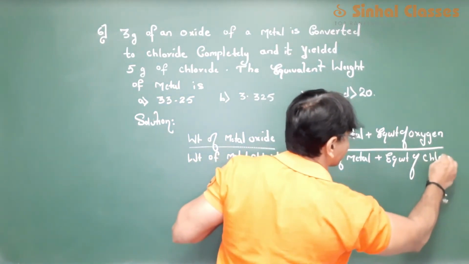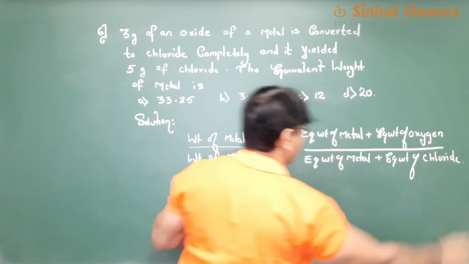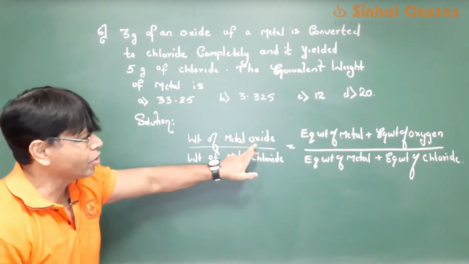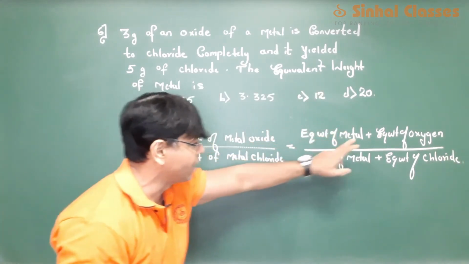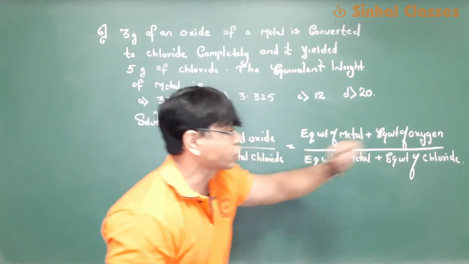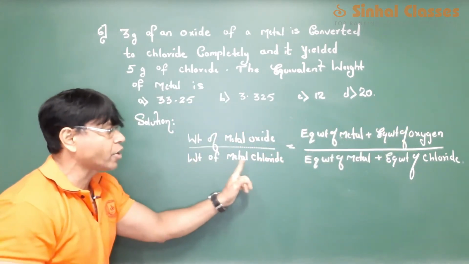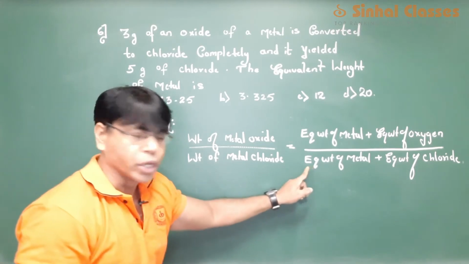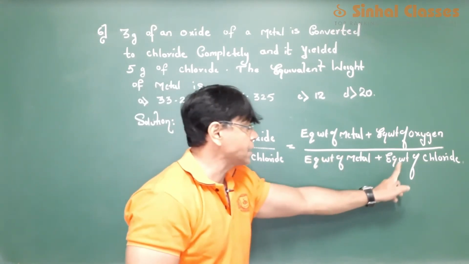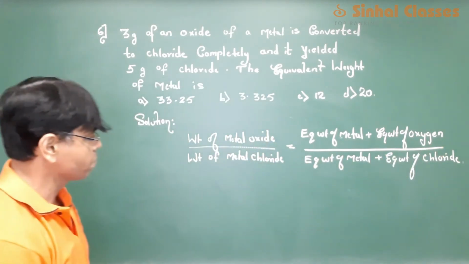It's very easy to remember. Weight of metal oxide is equivalent weight of metal plus equivalent weight of oxygen. In a similar manner, weight of metal chloride is equal to equivalent weight of metal plus equivalent weight of chloride.